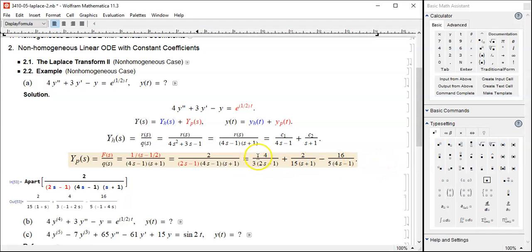Now, among these, this is important because it came from the red factor, this capital F, and of course it came from the original right-hand side.